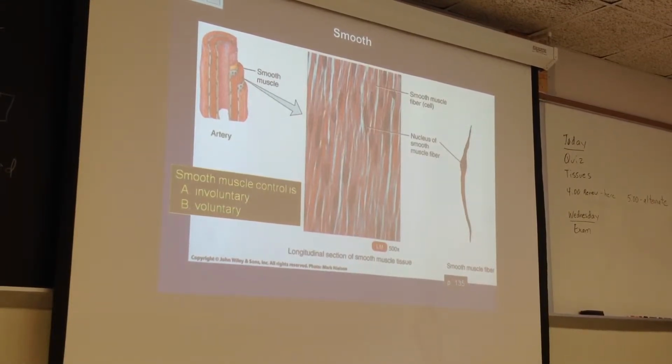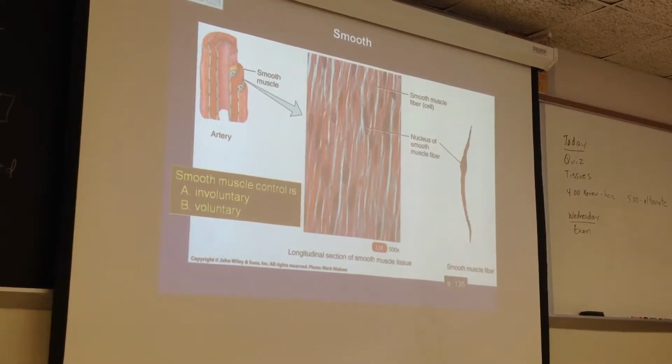They tend not to compose entire organs of their own, but tend to be one of the tissue components of other organs. So we see them, for example, in walls of arteries, and in the walls of the reproductive tracts, and the urinary tract, and the digestive tract. Very often parts of walls of tube-like organs.